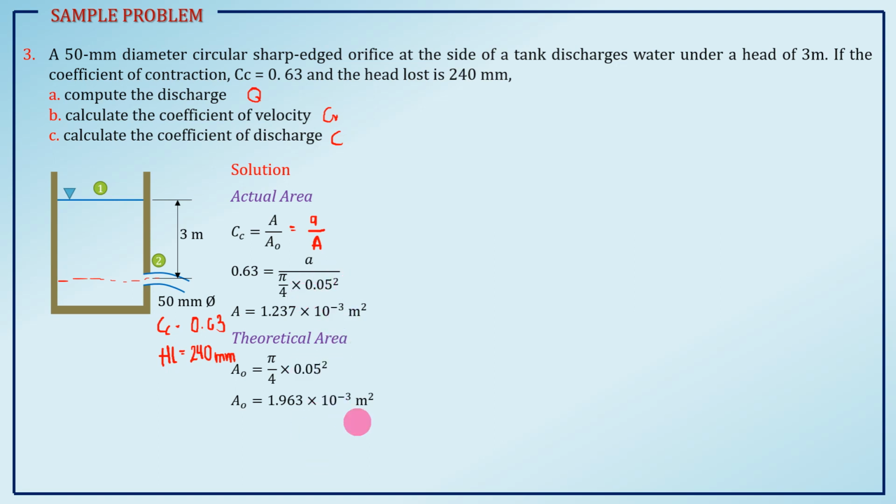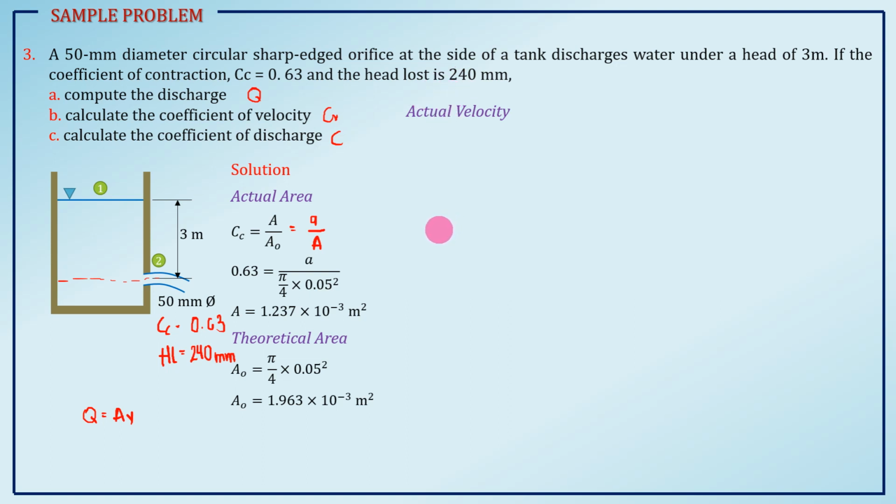Then, solve for the actual velocity, because Q is equal to AV. So, we have to get the actual area and the actual velocity. We can get the actual velocity from Bernoulli's energy equation, considering the head loss of 240 millimeters.